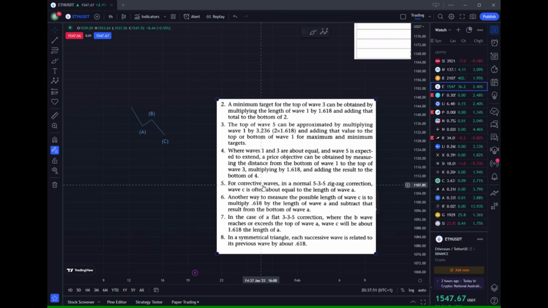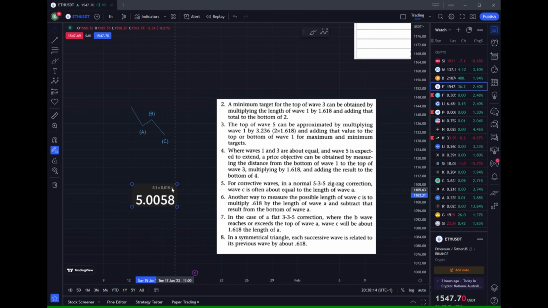I'll delete these ones to give it a bit of clearance. So this is corrective, it's downwards, ABC. It's always going to be corrective. What they're saying is wave C is often about equal to the length of wave A. Well, of course, sure, you can't really do any calculation on that one.